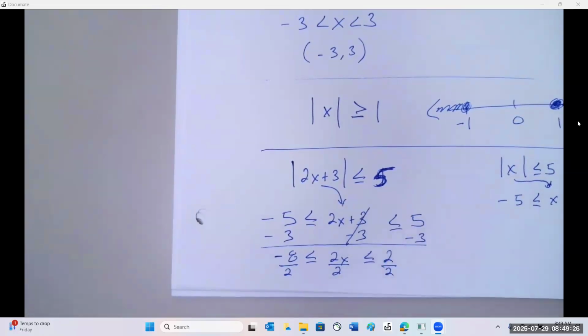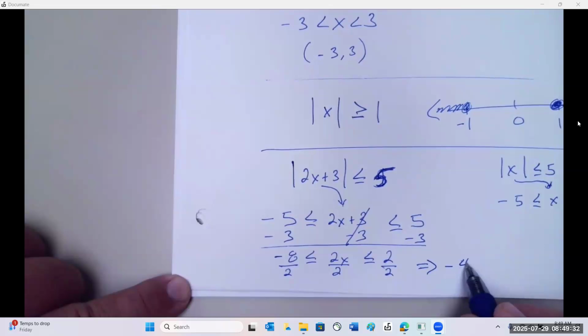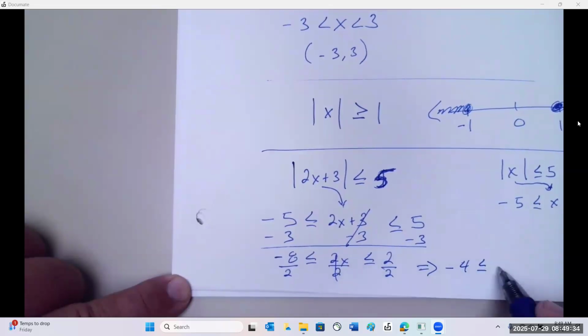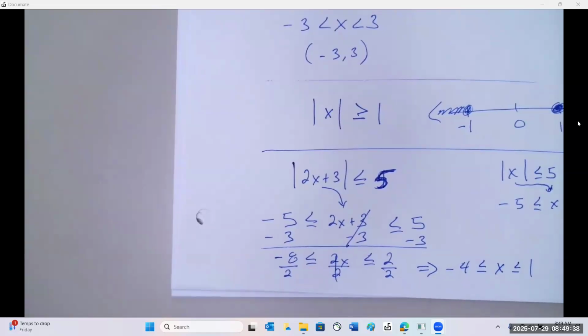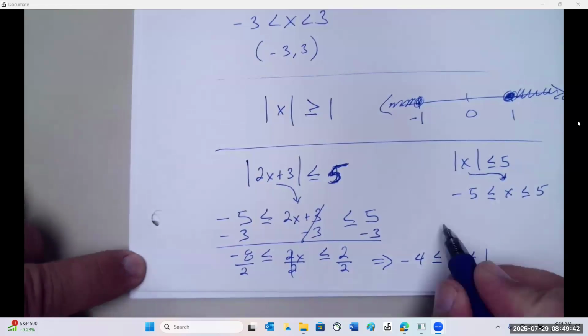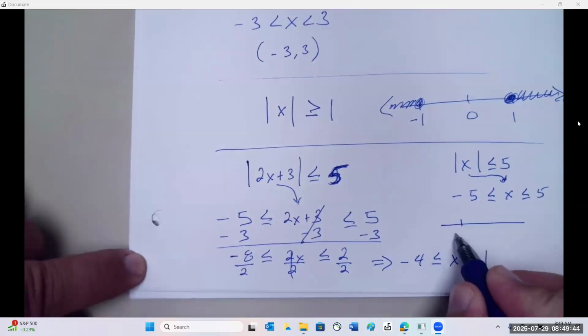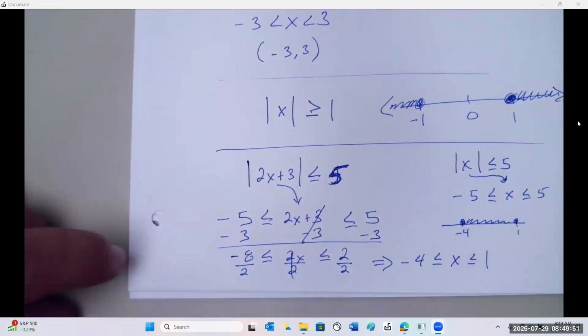That tells us what we have to do. So negative 8 divided by 2 is negative 4. The 2's cancel, so it's x. 2 divided by 2 is 1. Now we can graph it. Negative 4, solid dot. Positive 1, solid dot. And that's everything there.